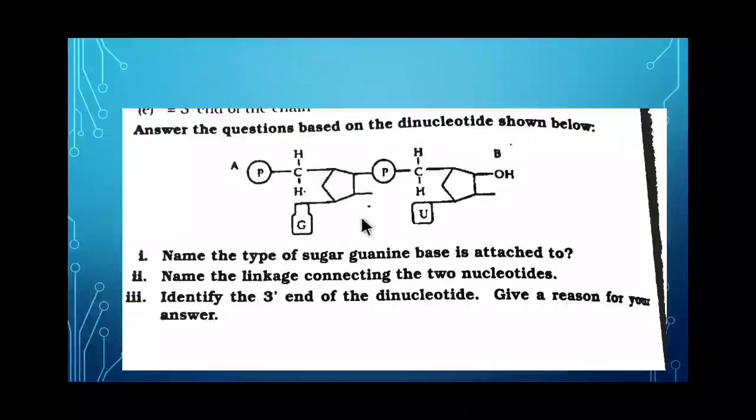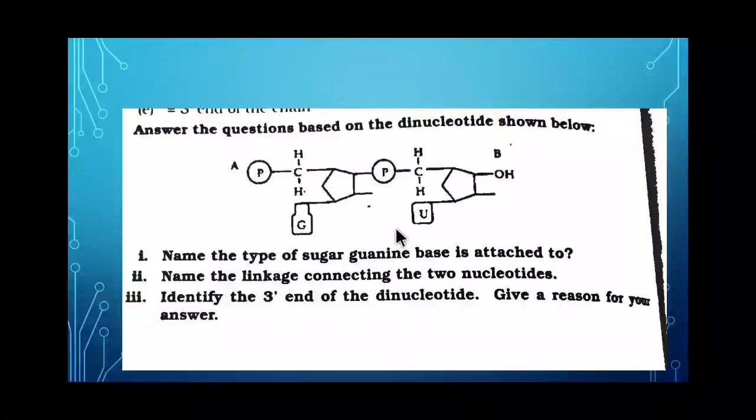Next, identify the 3' end of the dinucleotide and give a reason for your answer. Okay, so you have to identify the 3' end of the dinucleotide. So 3' end means it must have a free 3' OH group.